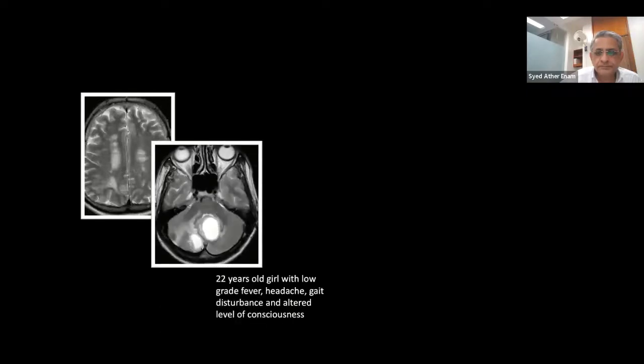So basically a T2 weighted image, and here we could see multiple patchy subcortical hyperintensities in the white matter area. Subcortical is a different place from white matter, so it's better to say that it is in the white matter, right?